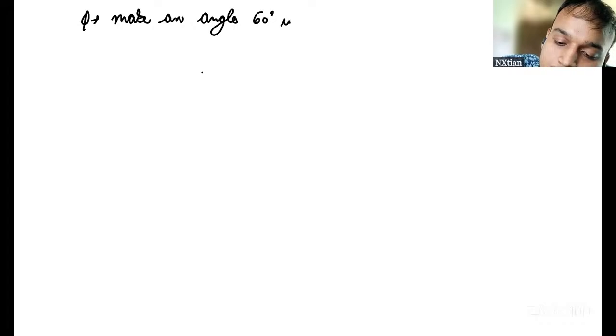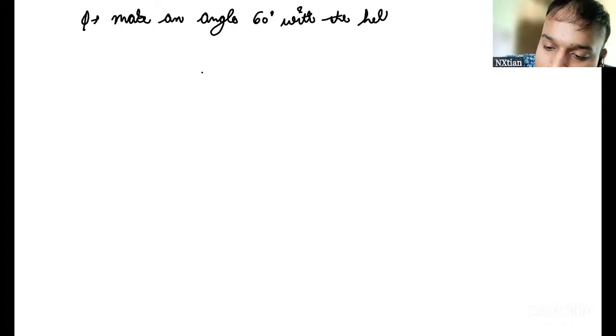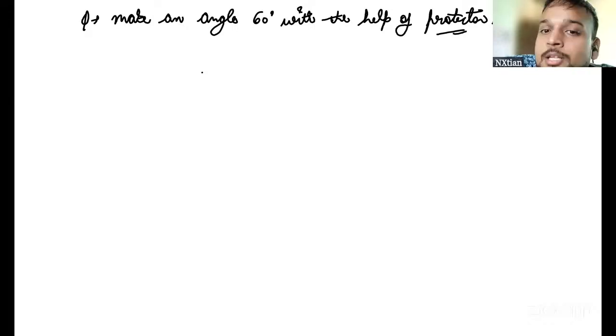So, make an angle of 60 degrees with the help of the protractor. In Hindi, it's called Chand.